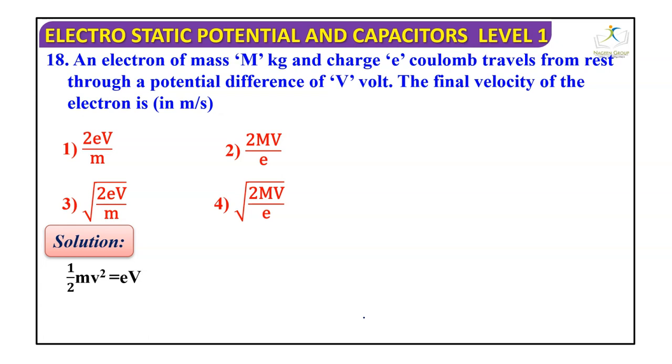If the particle has some velocity, the kinetic energy must be equal to the potential energy of the particle. So if we put half mv square, which is the kinetic energy, equal to the potential energy, which is eV, we get the value of v, which is under root 2eV by m. According to this, the correct option which we have is 3.